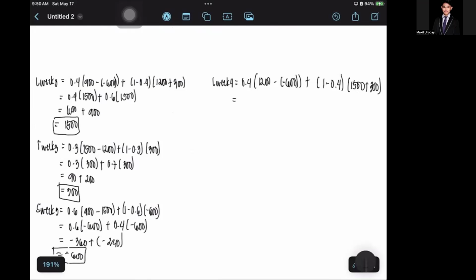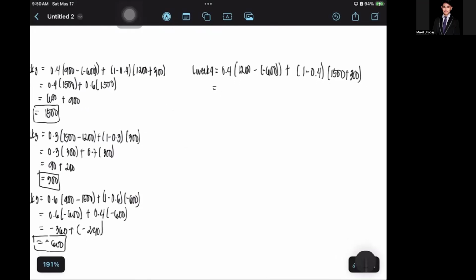Okay, it will become 1,200 minus negative 600, that is 1,800. Then plus 0.6 times 1,800 as well. 0.4 times 1,800 is 720, plus 0.6 times 1,800, that is 1,080. Adding that to 720, it will equate to 1,800.